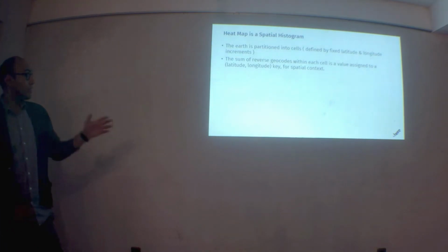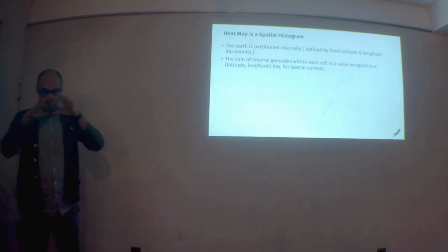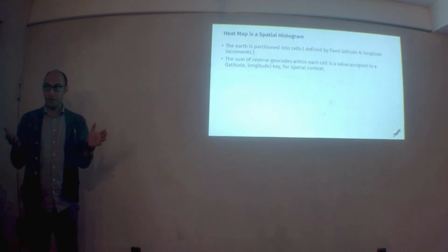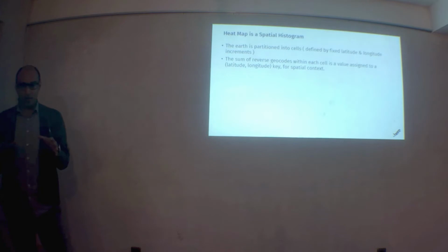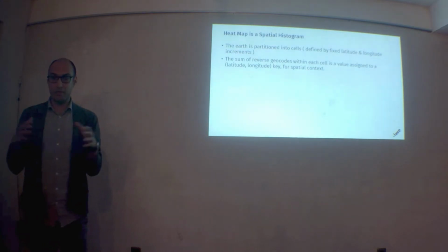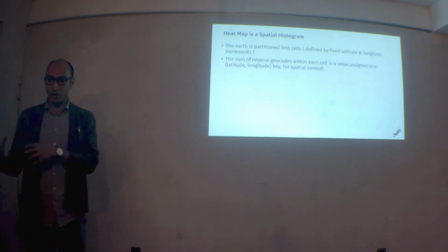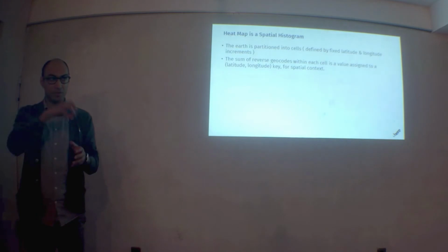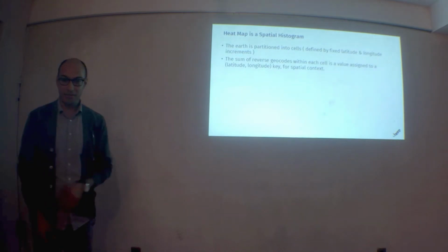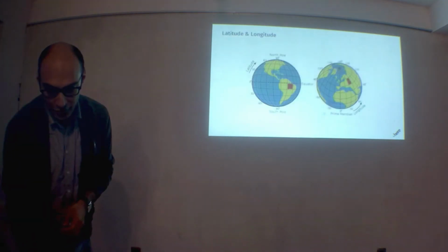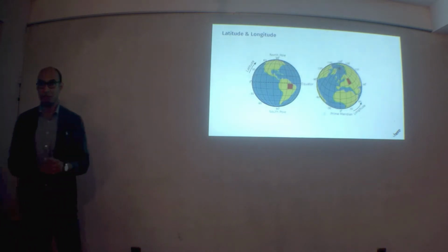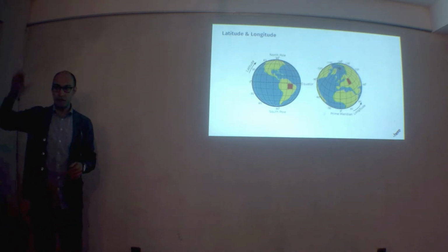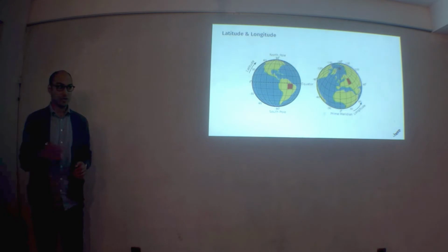Again, we take the Earth and we cellulate it by latitude and longitude, and we sum up the coordinates that we have in our logs and assign them to different tiles. And just so everybody knows, latitude is a north-south bearing, and longitude is an east-west bearing, right?